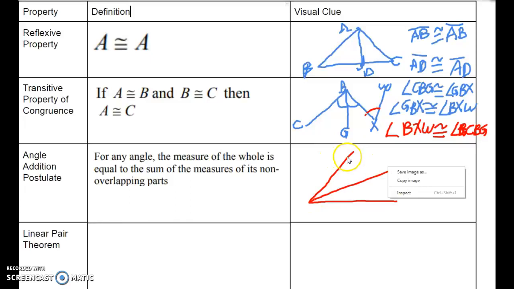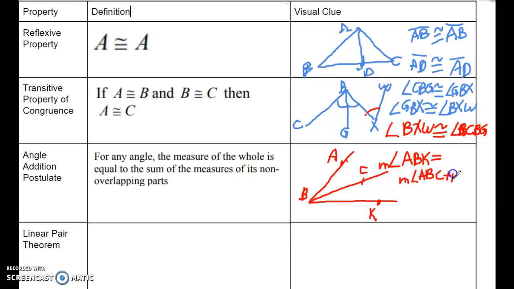We're going to have some points here: A, B, point C out here, and maybe point K. This is saying that the measure of angle ABK is equal to the measure of angle ABC plus the measure of angle CBK.